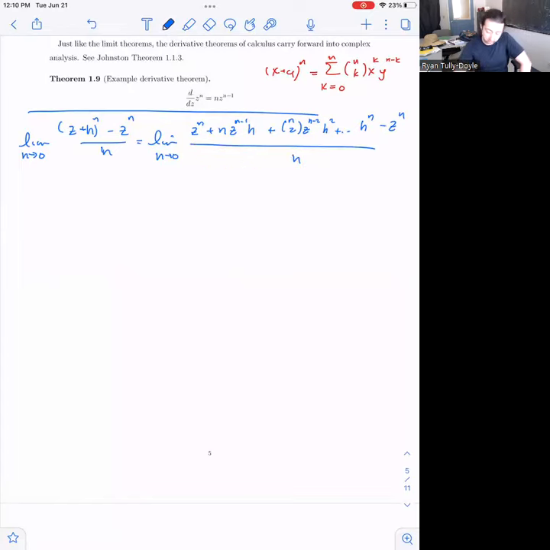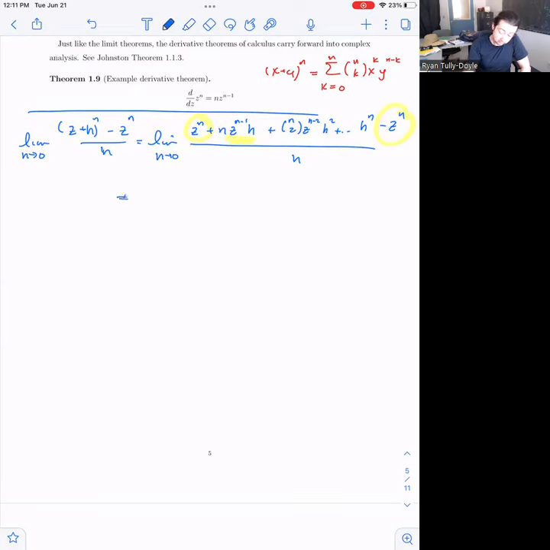So this is where I've used the binomial expansion. You should notice what's going to happen here. This term and this term are going to cancel. And then there's going to be a single term in the top with just one h in it, which is this term right here. And every other term will have an h, which means when we divide, every term except the n z to the n minus 1 term is going to disappear once I put in h equal to 0.